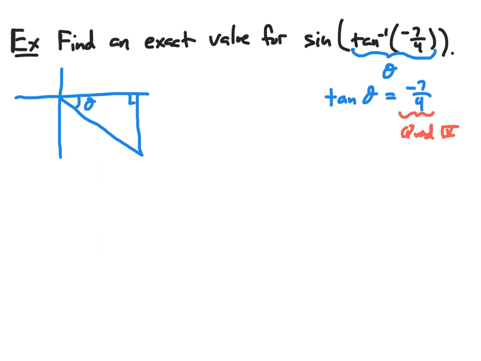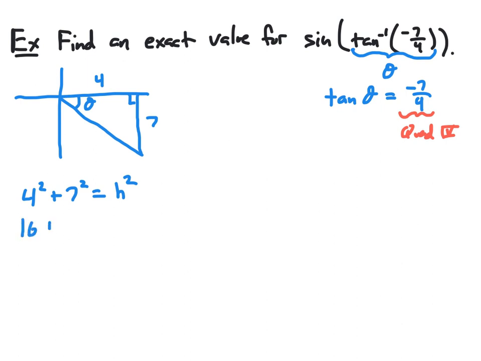Just like in the last example, we'll now use the fact that the tangent is negative 7 over 4 by having an opposite side of length 7 and an adjacent side of length 4. We want to find the value of the hypotenuse here, and we can use the Pythagorean theorem. Right, so we know that 4 squared plus 7 squared will equal the hypotenuse squared.